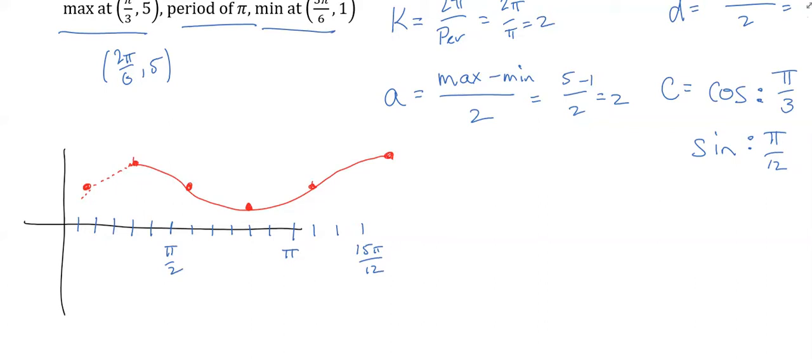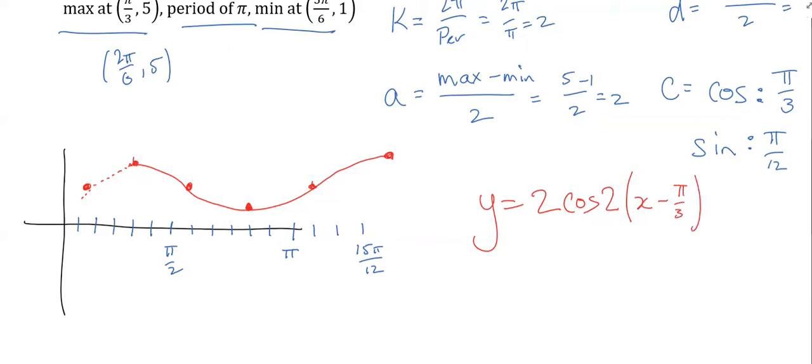What do you think? So let's go ahead and write these equations. So y equals the a value, which is 2. I'm going to start with cos. The k value, which was also 2, bracket x minus pi by 3. That was the phase shift for cos.